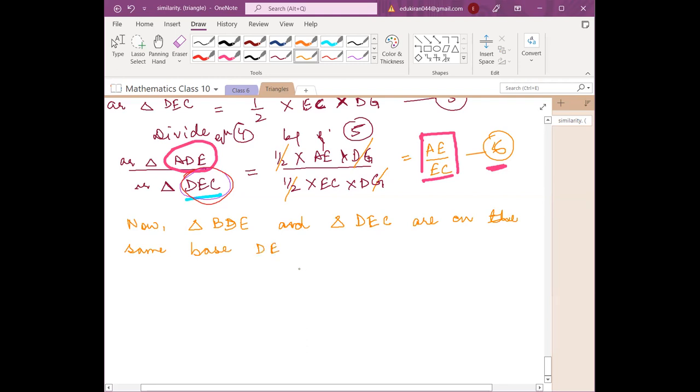So DE is the common base of these two triangles, see in the figure. And between the same parallel lines.